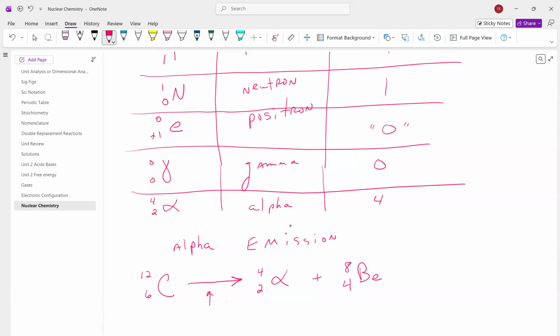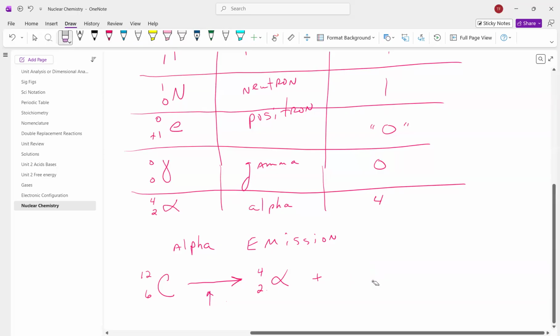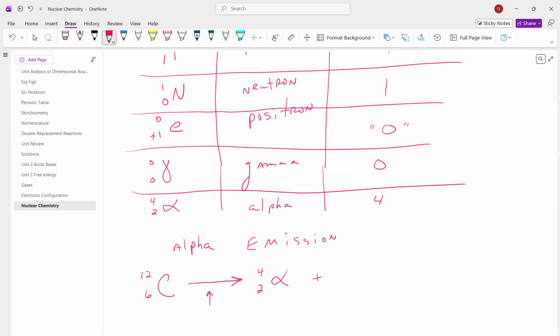Okay. I want you to look at something here. I didn't have to look at the periodic table, because there's two things that need to be conserved when we have a nuclear reaction.